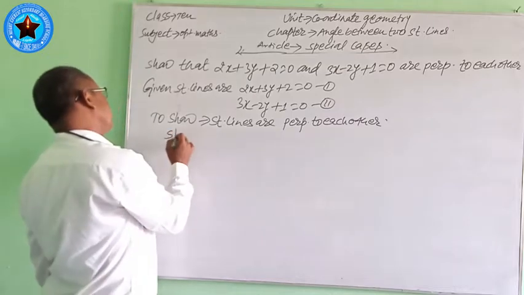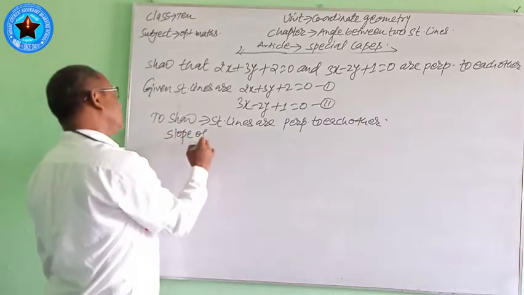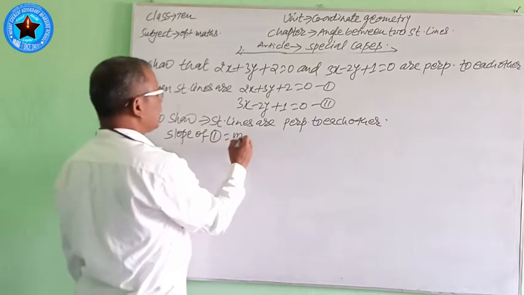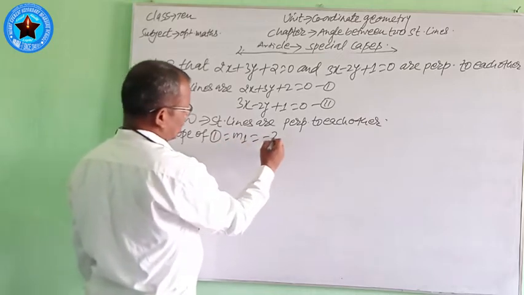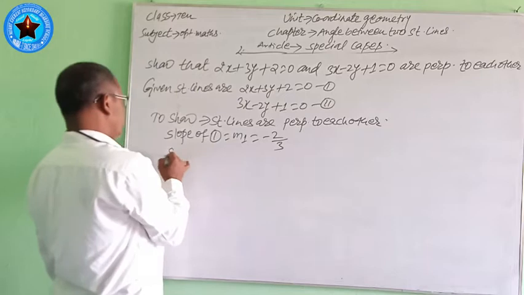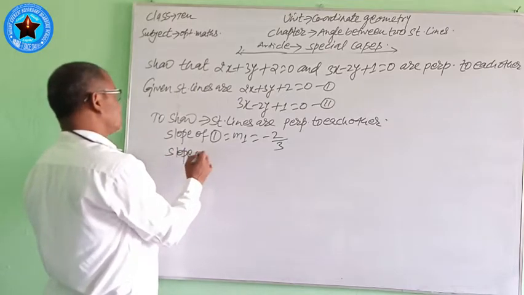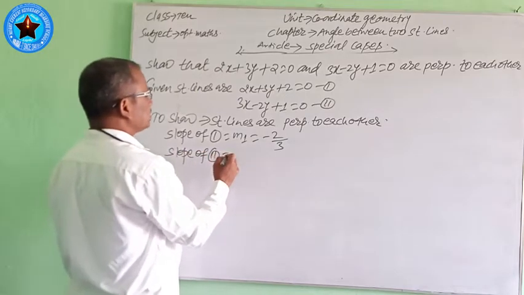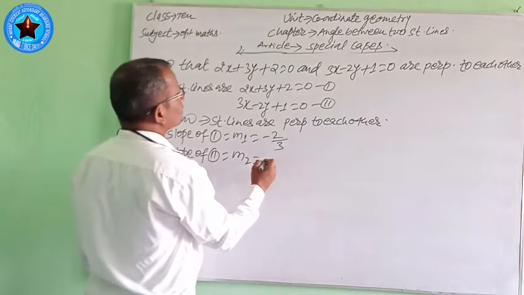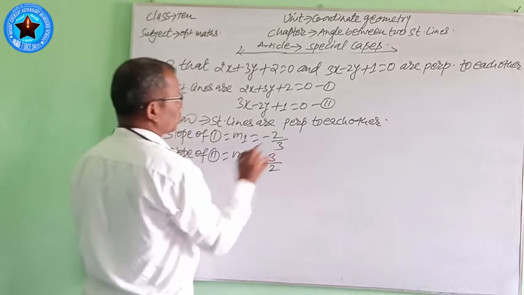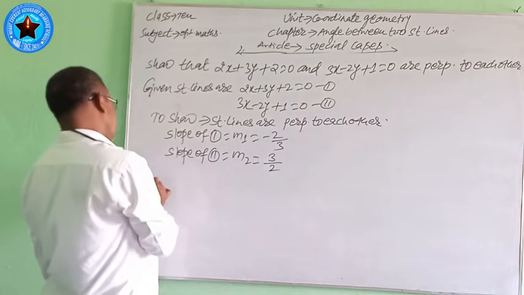Slope of 1, that is m1 equals minus 2 by 3. Slope of 2, that is m2 equals 3 by 2. This we have got.